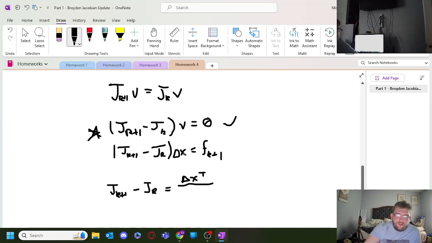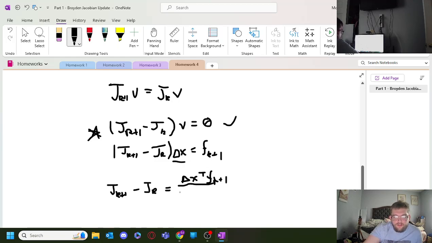Now we got to look at the second equation, where this term has to be in here somewhere. So he put it in the numerator. That's f sub k plus 1. And then he saw, well, we got another delta x term here. How do we get rid of it? If you multiply delta x in here, you got a delta x transpose up here.